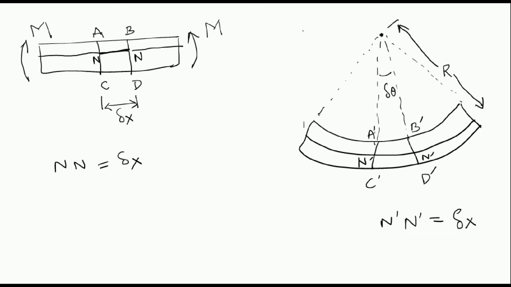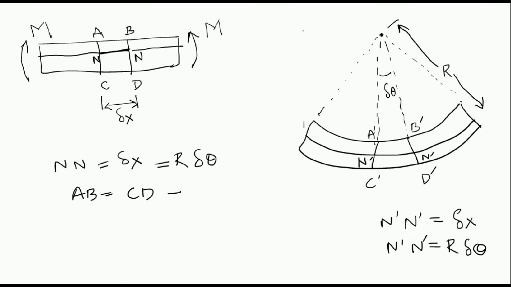So here n dash is nothing but r delta theta. So our delta x is r delta theta, or AB equals CD equals delta x, which is nothing but r delta theta.